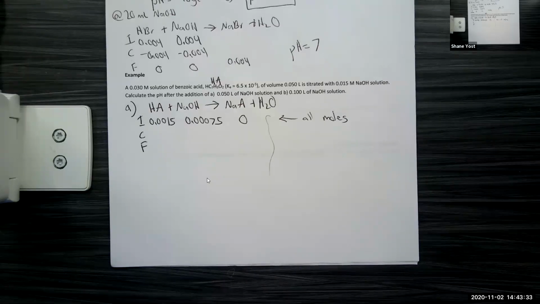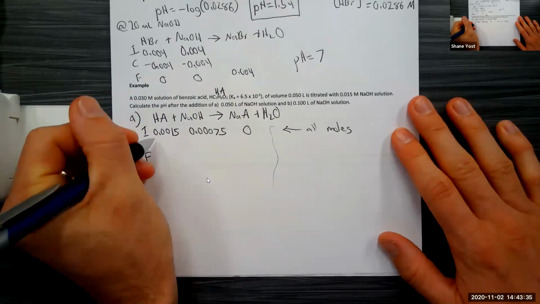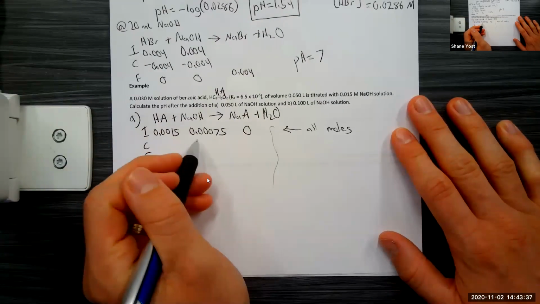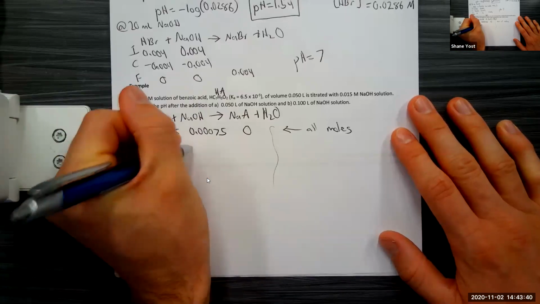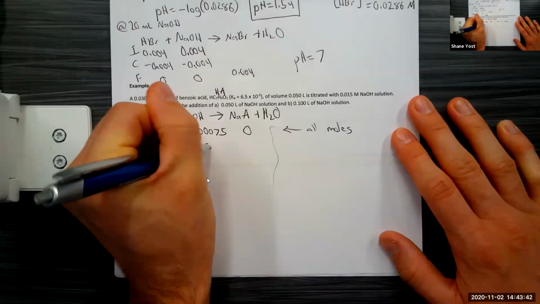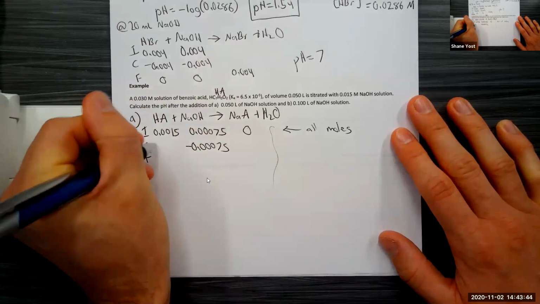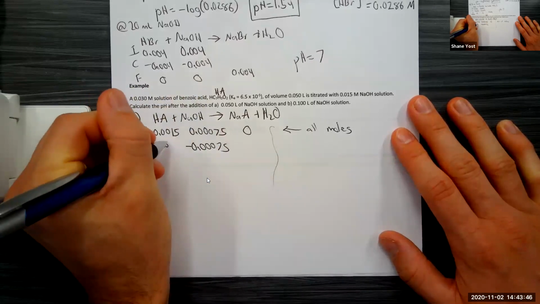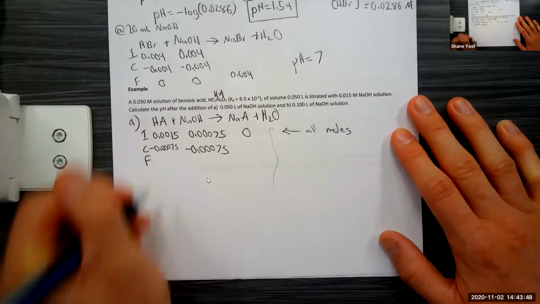All right. So this is going to go to completion. I have the limiting reagent is sodium hydroxide, so I'm going to lose all of that. Sorry, I'm going to lose 0.00075 moles of that.